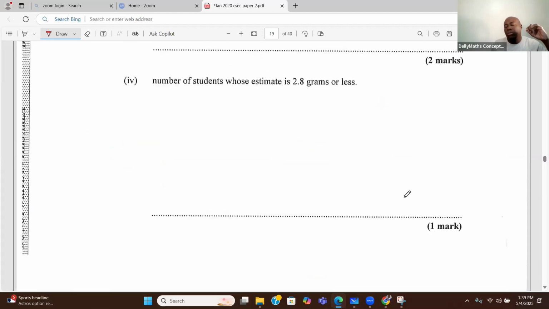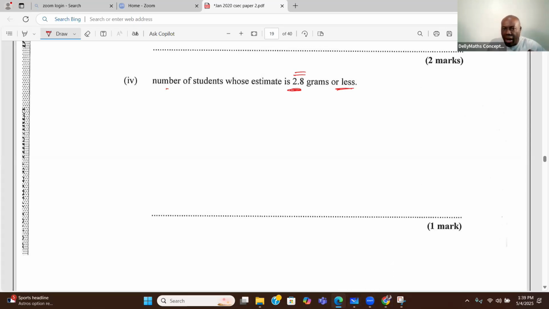All right. Now, this question says that the number of students who estimate 2.8 grams or less. So you're going underneath that, not over. That means wherever you find the answer, that's the answer. You're not going to do anything else because this is up to 2.8.